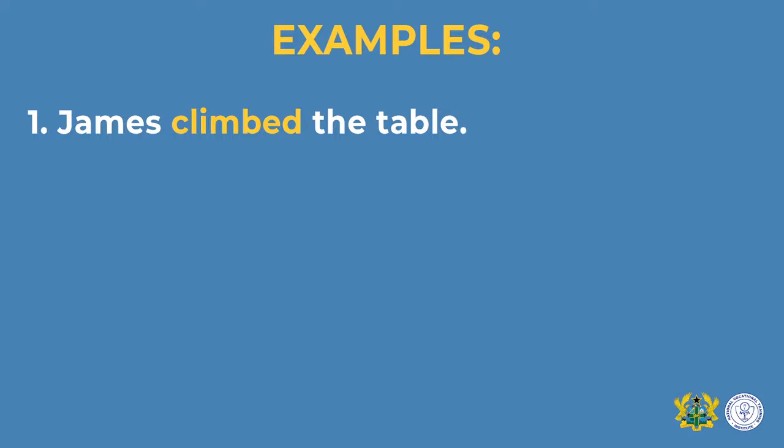So, it is a group of words. Secondly, we can clearly identify a subject in there, which is James. The third condition we discussed was that it should have a verb. And in our example, we have a verb there, which is climbed.